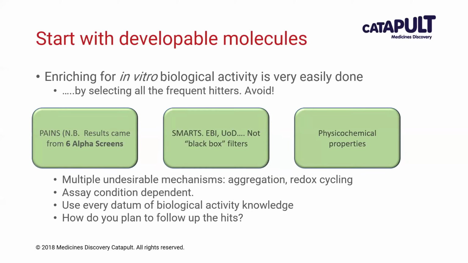In addition to the PAINS filters, you've got other structural filters, SMARTS filters. These typically operate on rather smaller substructural features. Lists of these have been published by the EBI and the University of Dundee. These are good ways of filtering out often covalent modulators, very reactive substances. You'll typically find lists of Michael acceptors in there. Again, it's important not to use these as a black box.